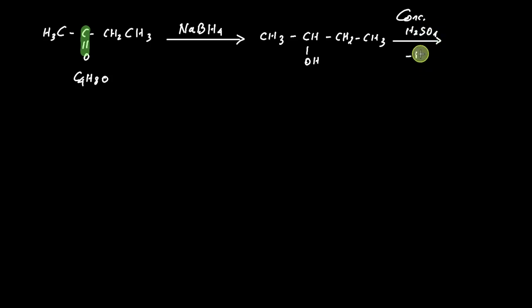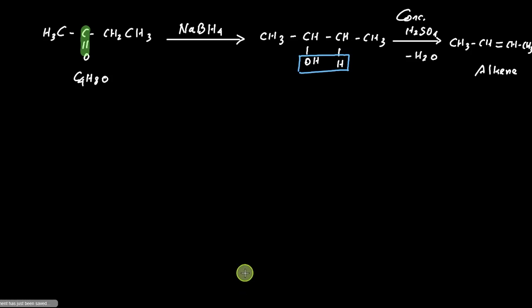It is going to eliminate a water molecule. Now I am going to imagine the water molecule present here. Let me take one hydrogen from here so that you can visualize the water molecule. I am going to remove OH from this CH and H from this CH. So a new bond is introduced. This is the alkene I am getting. This alkene is our compound C.